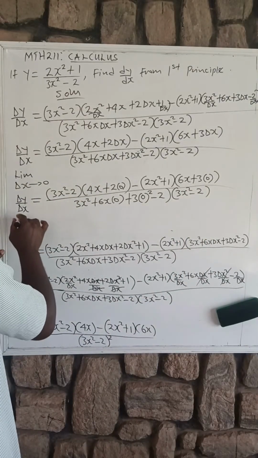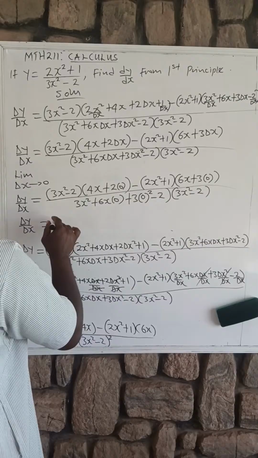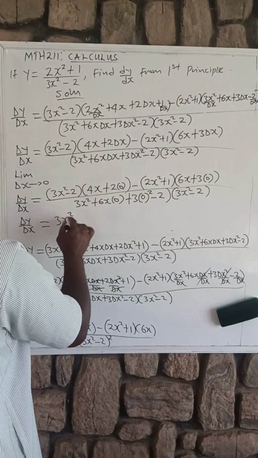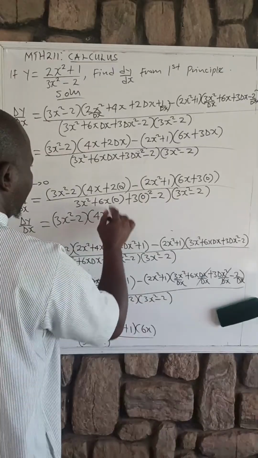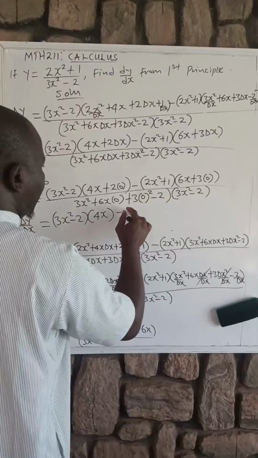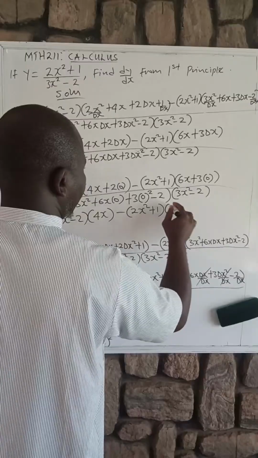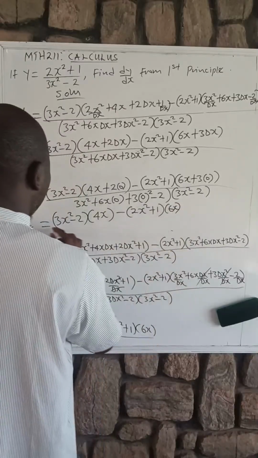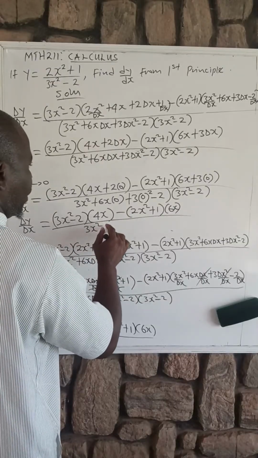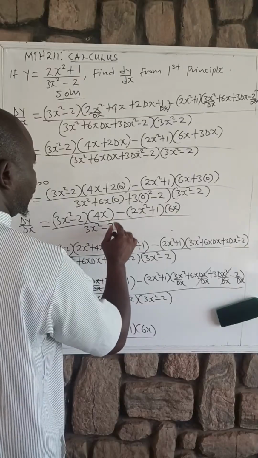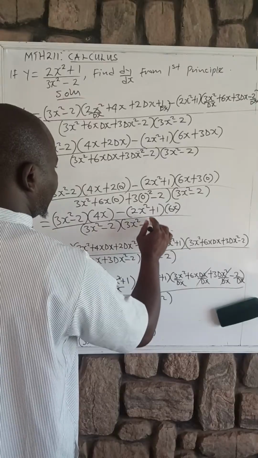So far so good. Our dy all over dx is equal to 3x squared minus 2, then times 4x, 2 times 0 is 0, minus open bracket 2x squared plus 1, 3 times 0 times 6x, then all over 3x squared, 0, 0, minus 2 times 3x squared minus 2.